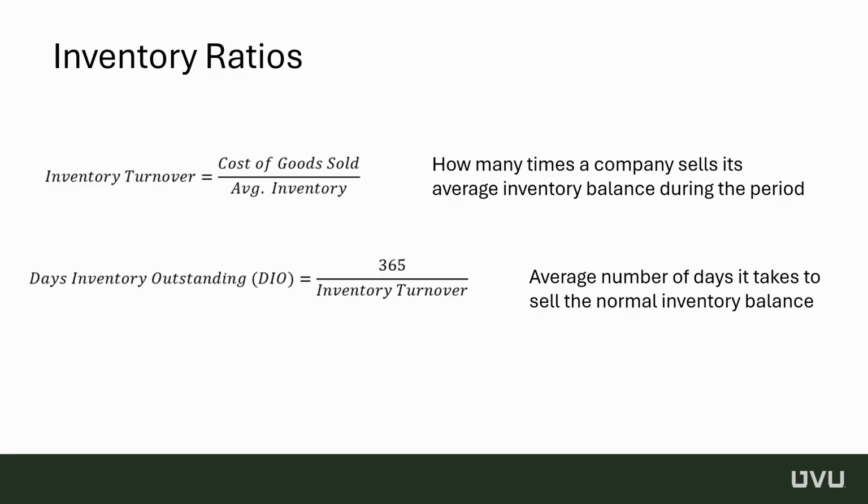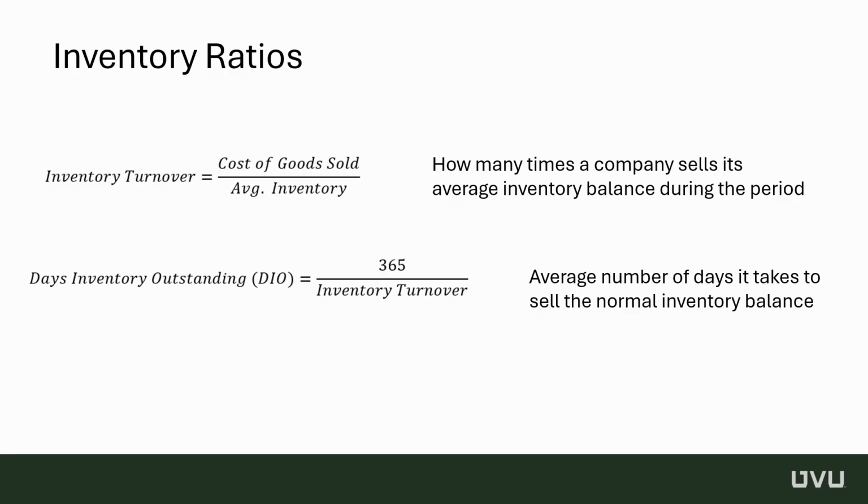Lastly, I want to connect this to a concept we talked about earlier in the semester, which is the length of a company's operating cycle. We mentioned this in the context of whether an asset can be classified as current, where the time frame could be longer than 1 year for companies with unusually long operating cycles. It's defined as the amount of time it takes for a company to collect cash from the sale of inventory, and we can now objectively measure this using ratios we've covered thus far.